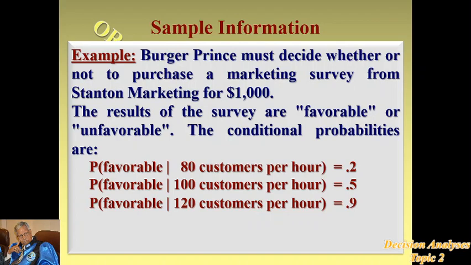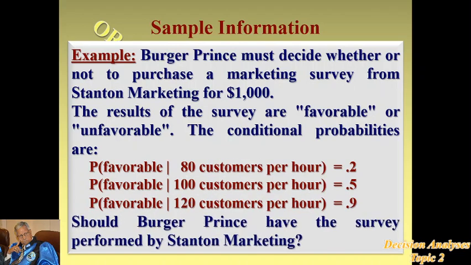The probability of favorable on condition that 120 customers per hour is our state of nature is 0.9 or 90%. Should Burger Prince have the survey performed by Stanton Marketing?